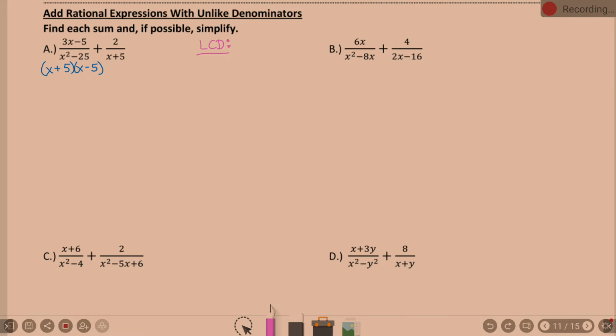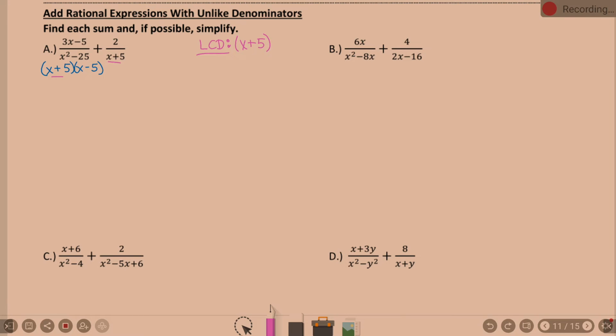Just like you found least common multiples back in elementary and middle school. Same thing, just with variables involved. So, are there any factors in common between my two denominators? X plus 5. Since both denominators already have an x plus 5, that's part of my least common denominator.